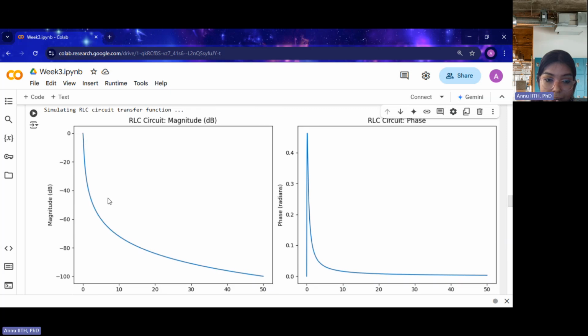So RLC magnitude circuit, and this is the phase circuit. So phase rises from 0 to 0.4. Magnitude decreases continuously.